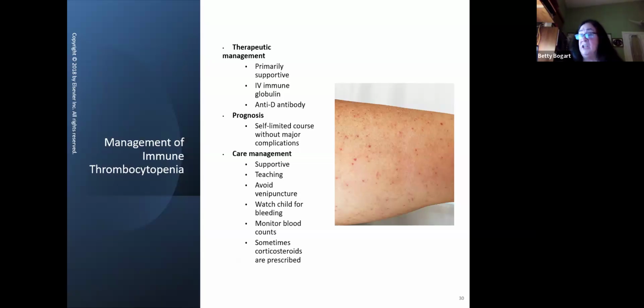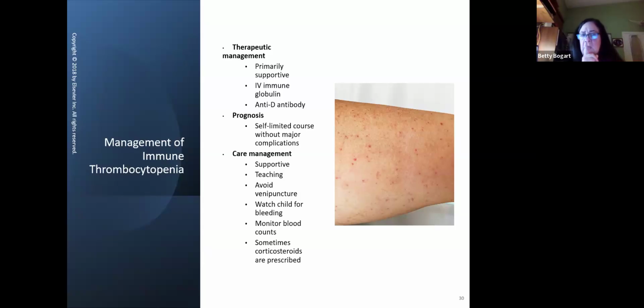You also are going to watch that child for nosebleeds, bleeding gums, blood in urine, blood in stool, checking for bruising, making sure there's no more coming up on this child. Also, they'll be doing blood counts every day on that child because we are going to be giving IVIG, IV immunoglobulins, and something called anti-D antibody. And these things help the body start to reproduce platelets, and then the kid becomes normal.